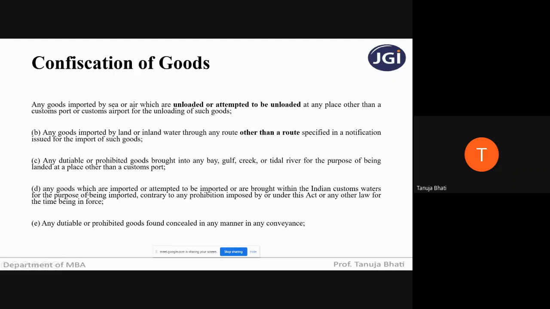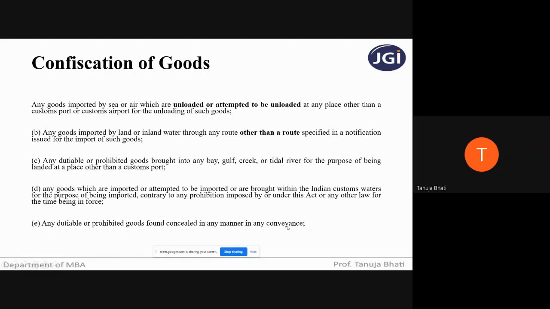Fourth is any goods which are imported or attempted to be imported or are brought within Indian customs waters for the purpose of being imported, contrary to any prohibition imposed by or under this Act or any law for the time being enforced. So if he is importing any prohibited goods, then also confiscation of goods will happen. Any dutiable or prohibited goods found concealed in any manner in any conveyance.